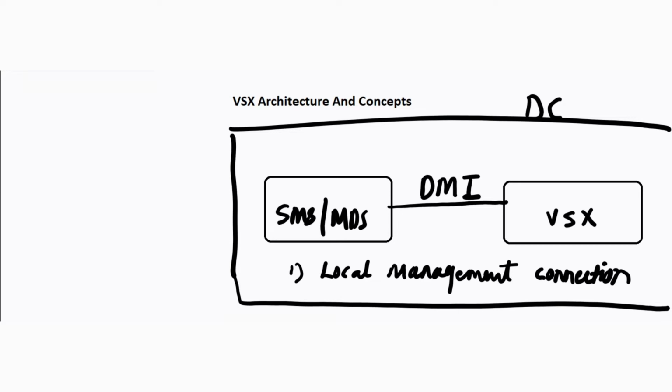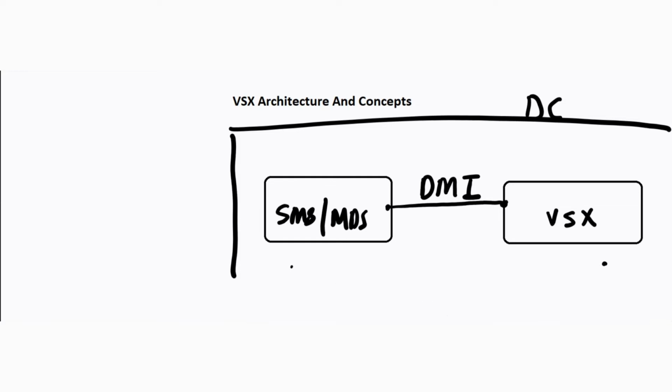A DMI, or dedicated management interface, is nothing but an actual physical interface, or in a VM environment a virtual interface, assigned specifically for the management traffic. There is no issue if this DMI interface has a public or a private IP address. It's okay with that. Now let's talk about the second option.